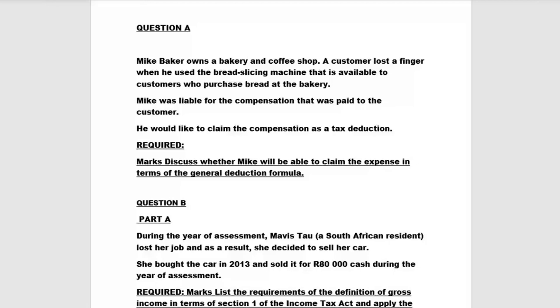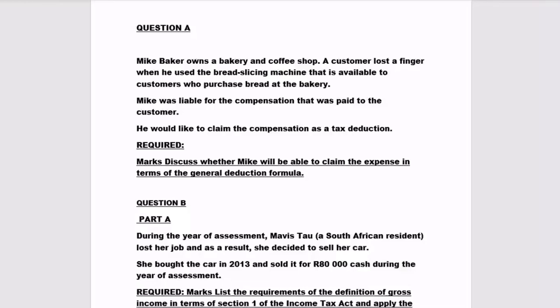So you must tell me the requirements: it must be expenditure or a loss, actually incurred in the production of income, not of a capital nature, and expended wholly or partially for the purpose of trade. That's your first step: you give me the requirements. The second part is that you analyze it based on the scenario that you are given.